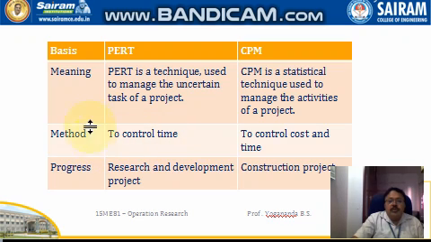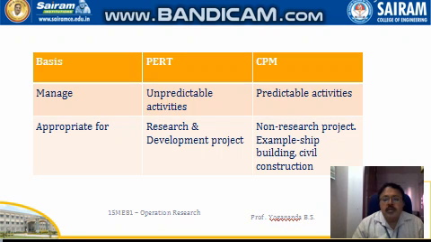Taking method as the basis, PERT controls the time, whereas CPM controls both cost and time. Taking progress as the basis, PERT concentrates on research and development projects, whereas CPM concentrates mostly on construction projects. Taking manages as the basis, PERT manages the unpredictable activities, CPM manages the predictable activities.